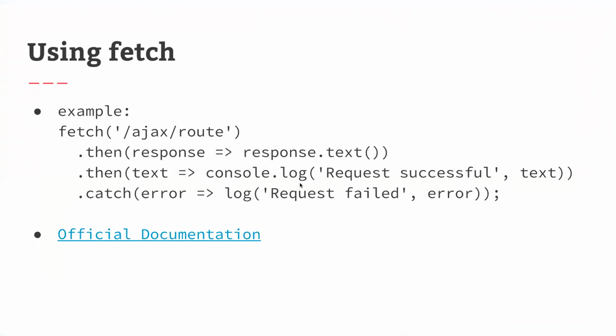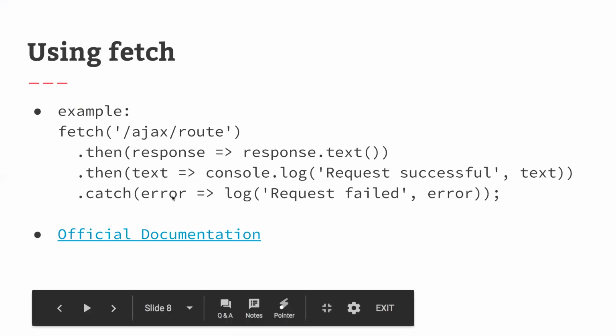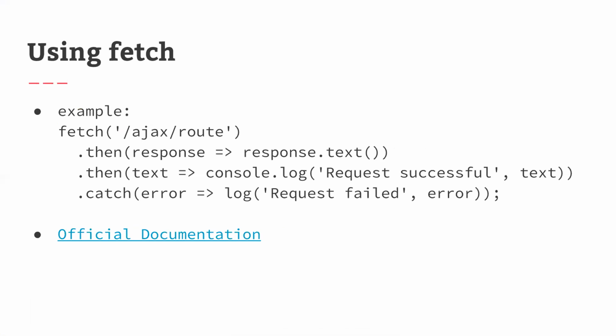Here I'm just console logging, whereas ordinarily you would probably make a DOM adjustment. And then you can do the dot catch on the error. And fetch has official documentation, of course.